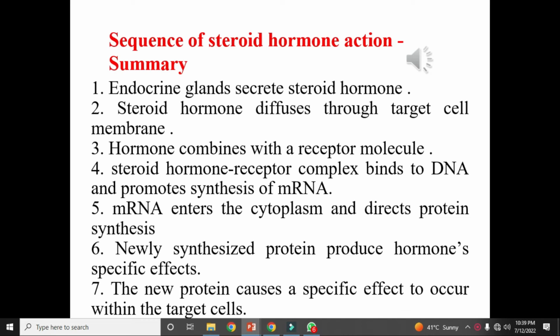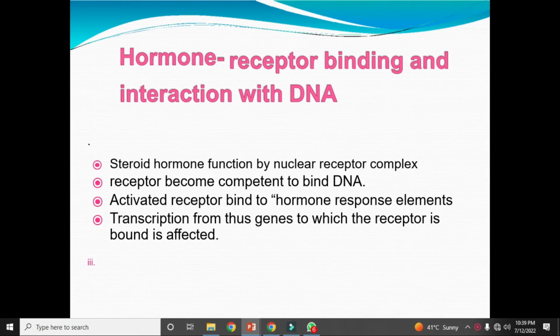Then messenger RNA enters the cytoplasm and directs protein synthesis. Newly synthesized protein produces a hormone-specific effect, and the new protein causes a specific effect to occur within the target cell. So this is the sequence in which steroid hormone acts.